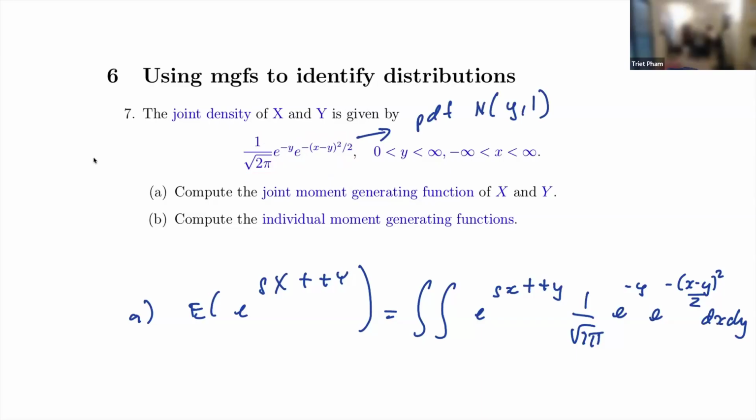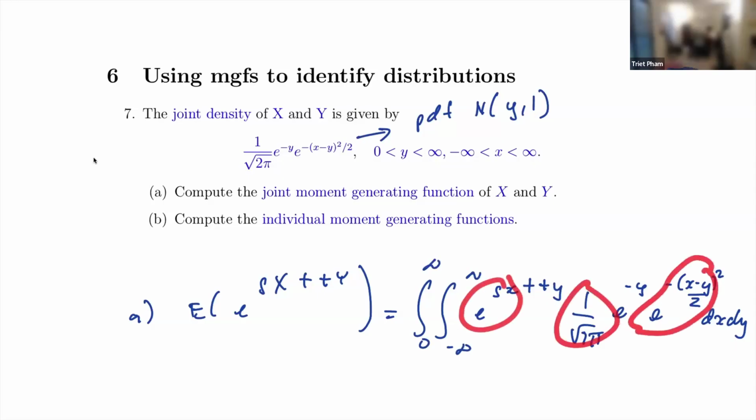And so if you do dx first from minus infinity to infinity, then the integral of e to sx, this part and this part, you know what the answer is. That's the identify part.